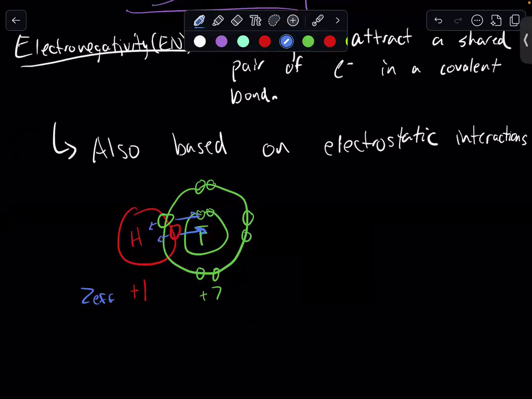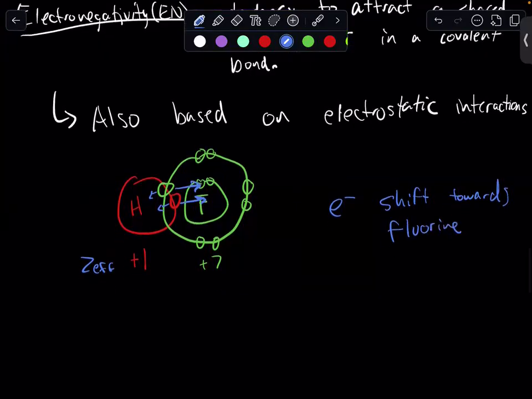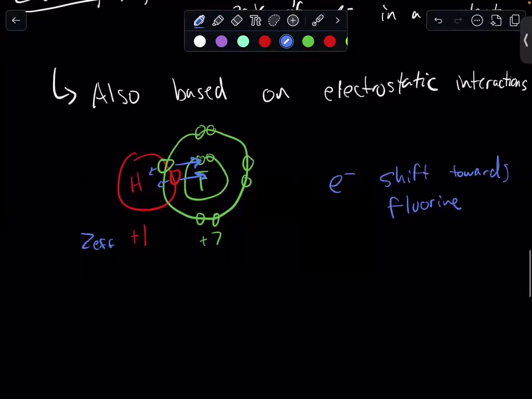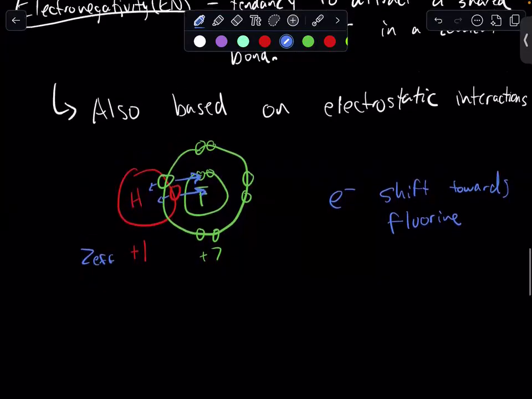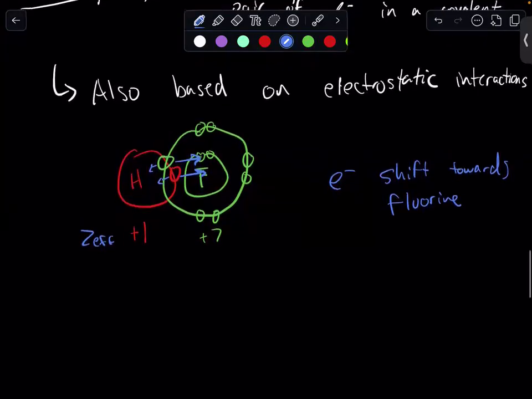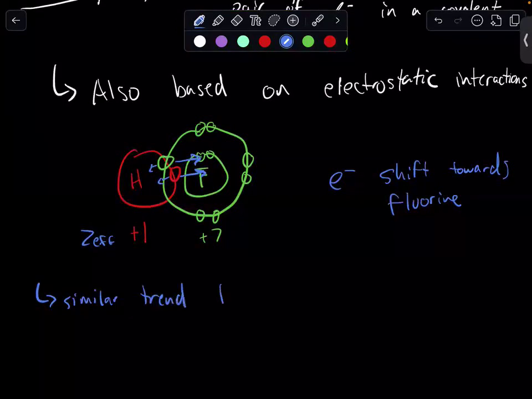Now, again, they're pulling on all those electrons. So what generally tends to happen is that the electrons shift towards fluorine. And we can see that because fluorine can pull so much harder, it would therefore be more electronegative. It is attracting those electrons stronger. So it has a similar trend to our ionization energy and electron affinity for very much the same reason.